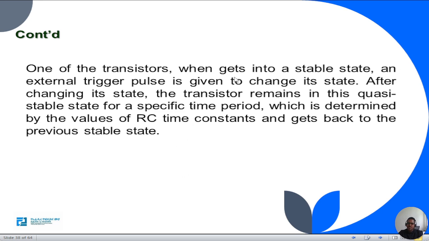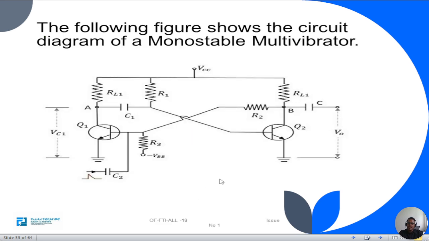When one of the transistors gets into the stable state, an external trigger pulse is given to change its state. After changing its state, the transistor remains in this quasi-stable state for a specific time period, which is determined by the value of the RC time constant, and then gets back to the previous stable state.